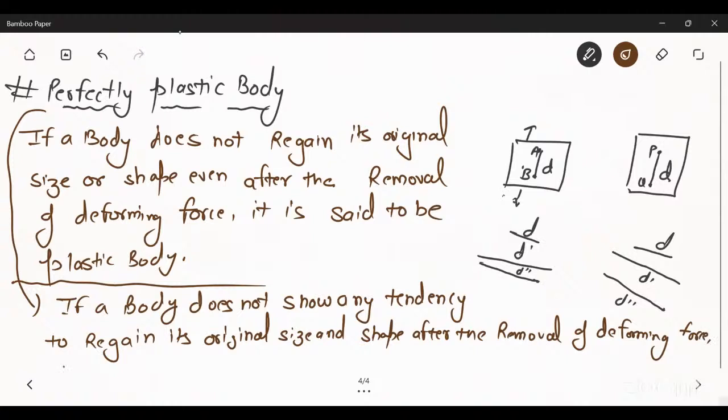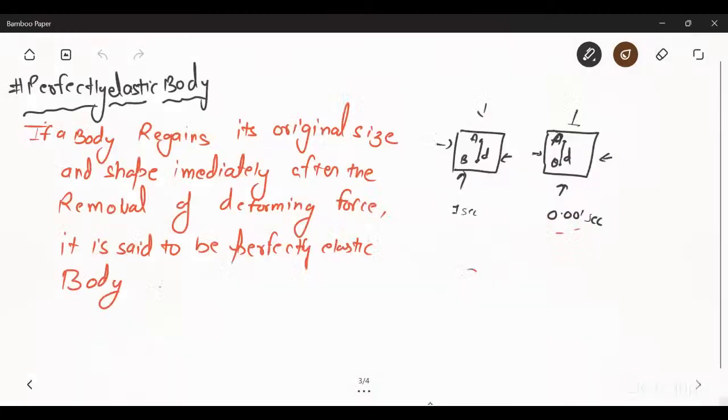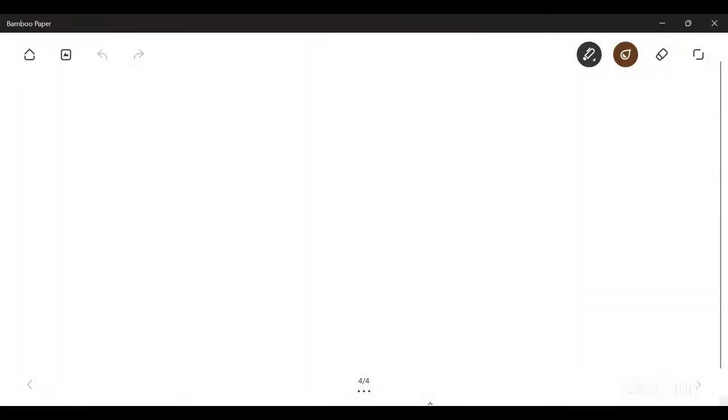It is said to be a perfectly plastic body. So it is clear what are elastic bodies, what are plastic bodies, and what are perfectly plastic bodies.